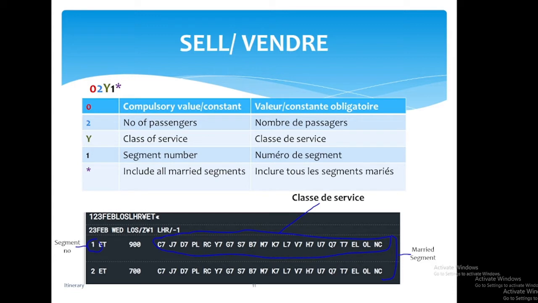So if I have segments 1, 2, 3, 4, where 3 and 4 are marriage segments, and I want to sell for 1 person on Tango class, it will be 0 1 Tango 3 asterisk. Alright, so that is that.